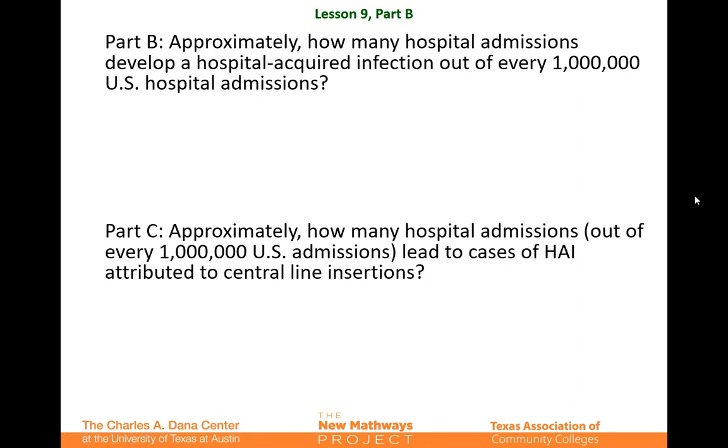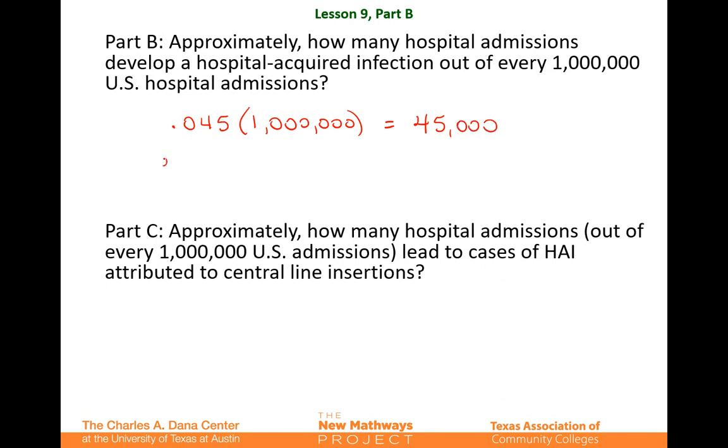How many hospital admissions develop a hospital-acquired infection out of every 1 million? Well, that's just 1,000 times bigger, but it's the same 0.045, that's 4.5% times 1 million. So instead of 45, it's going to be 45,000.